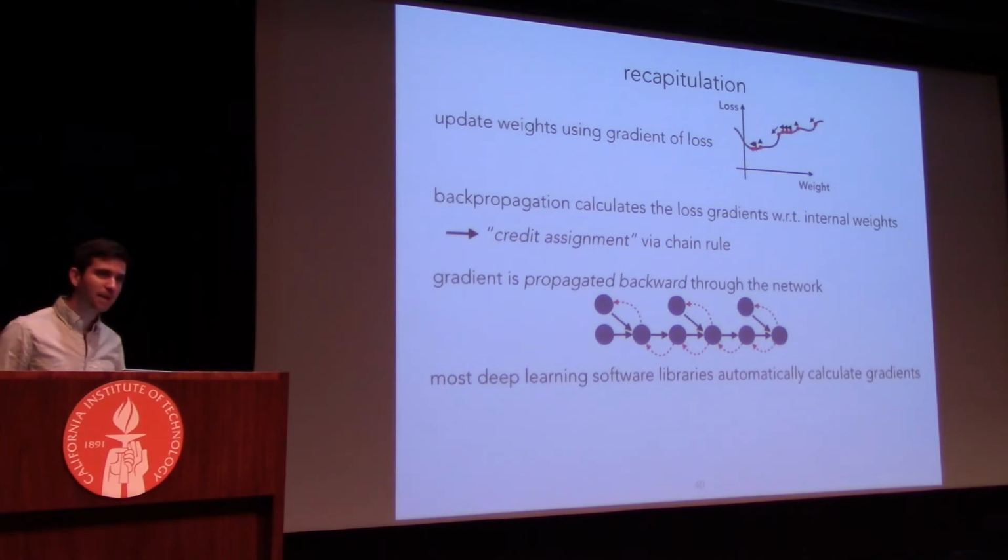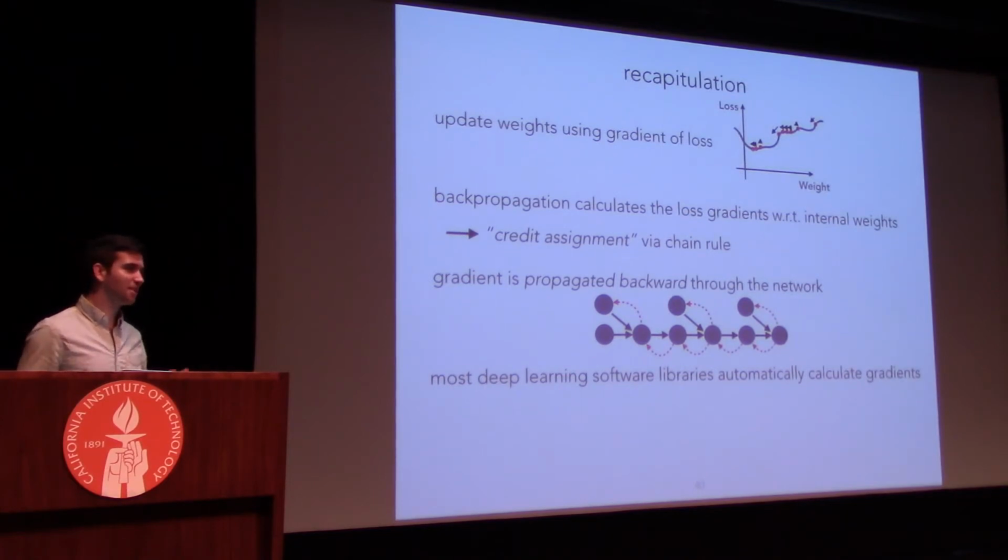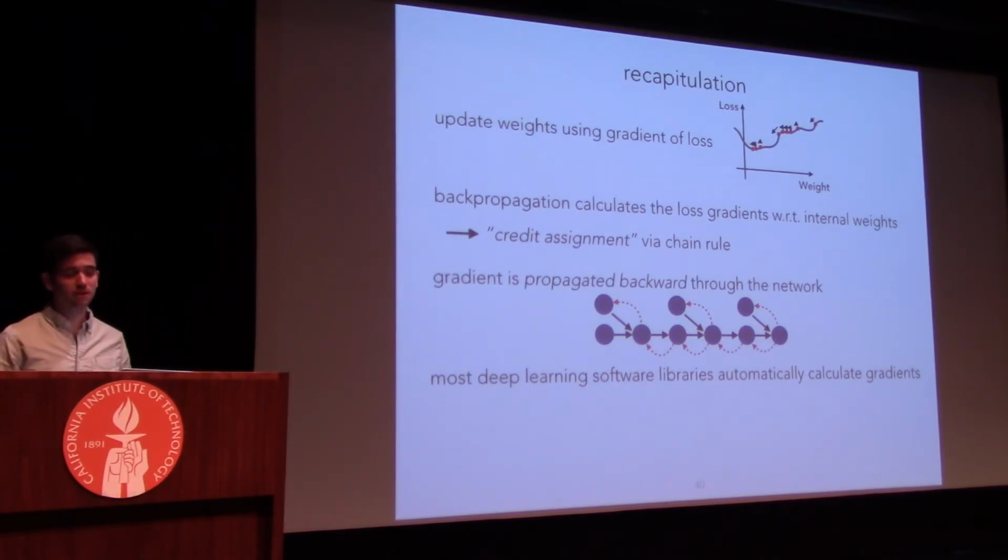And even though I've presented this, you're probably never going to need to actually derive, write out, and implement a lot of these gradient calculating procedures, because most deep learning software libraries these days will calculate them for you, which is really nice.